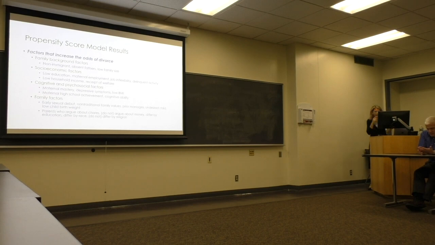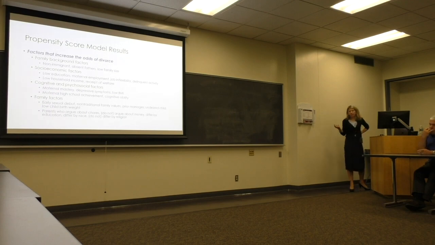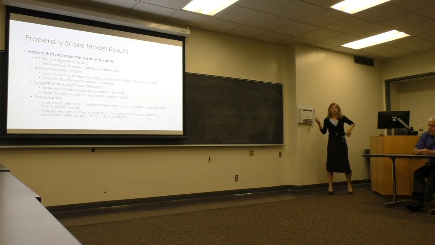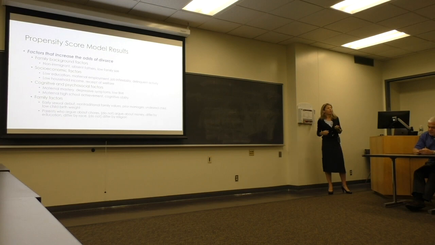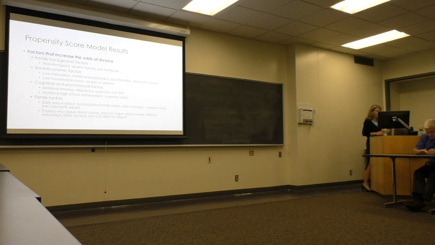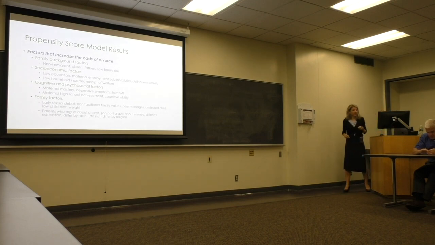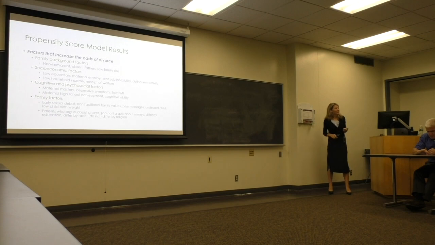the odds. Family factors are early sexual debut, non-traditional family values, prior marriages, and undesired child. This was measured just by how many children the woman initially said she wanted and what number child this was. Also low childbirth weight, parents who argue about chores, and those who do not argue about money.